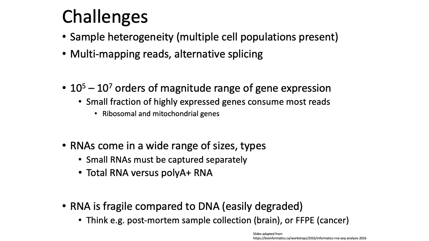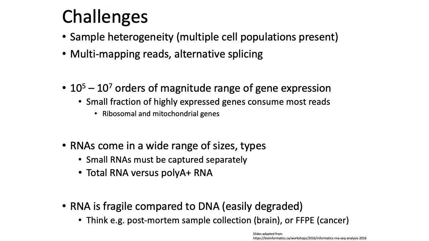Even when you deplete ribosomal RNA, oftentimes you don't deplete mitochondrial genes, and so mitochondrial genes soak up most of the reads that you sequence. That makes it harder to detect expression of more poorly expressed genes.